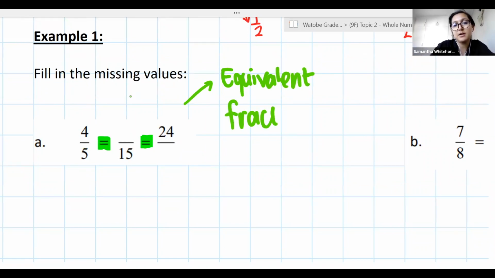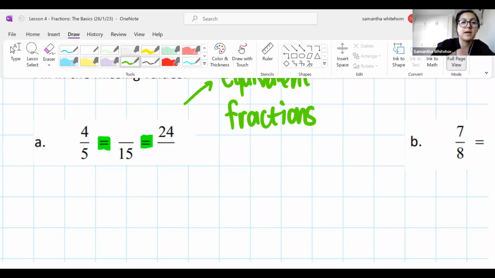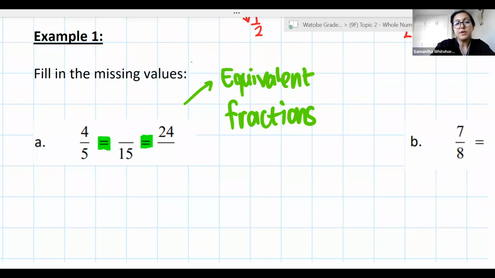So have a think. Actually, let's try the first one together and then I'll ask for some hands. So if we think about the first fraction, we've got 4/5. Now you can draw it out if you want to, but that becomes a little bit time consuming in a test. So the question we need to ask ourselves is, what am I multiplying 5 by to get 15?